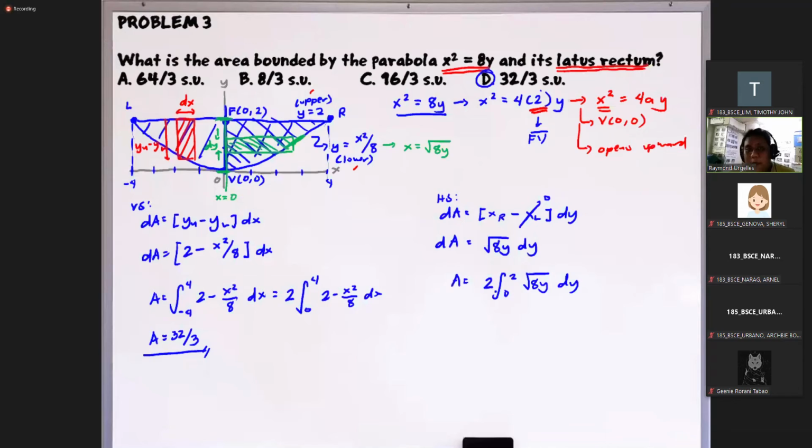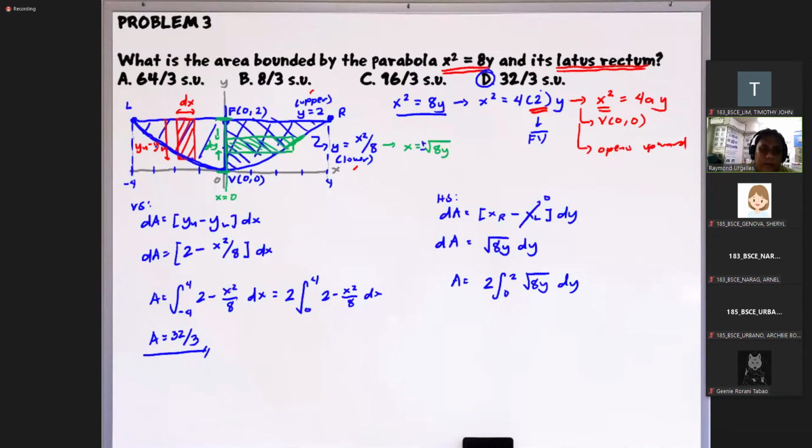Okay ba? So pag ang ginawa nyo dito is binuo nyo itong rectangular strip na to, ito yung magiging boundary natin sa left. Yung boundary natin sa left is also the parabola. So remember na pag kinuha mo yung square root nito, plus or minus dapat yung lalabas. Yung nasa kanan is the positive, yung nasa kaliwa yung negative. Nakuha ba? So kaya ganun din yung kalalabasan.